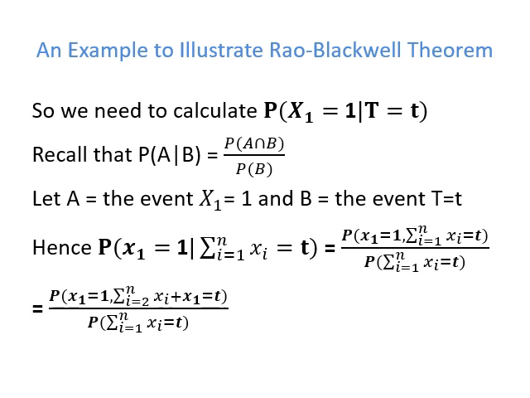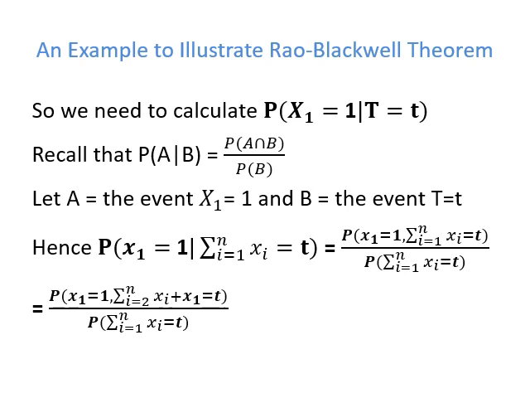We cannot use this rule for these events, but we can do some sort of manipulation which will enable us to use this rule. What are we going to do? For the second event, which is summation xi from i equal 1 to n equal t, we can write it as x1 plus summation xi from i equal 2 to n. So we are going to split summation xi from i equal 1 to n into two parts.